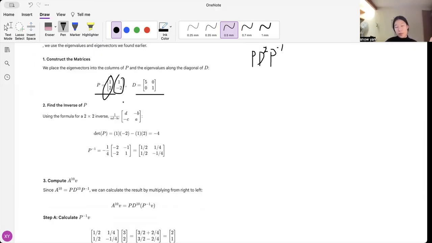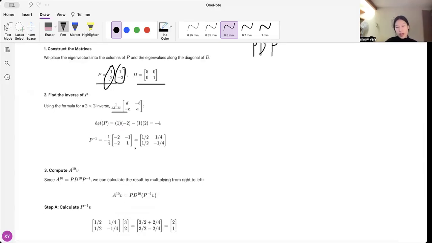That's the bad thing about this approach, that we do have to find the inverse, which is a little annoying. But because it's a 2 times 2, we have a standardized formula, so it's pretty straightforward. 1 over the determinant, which is AD minus BC, and then switch the A and D and negate the B and C.